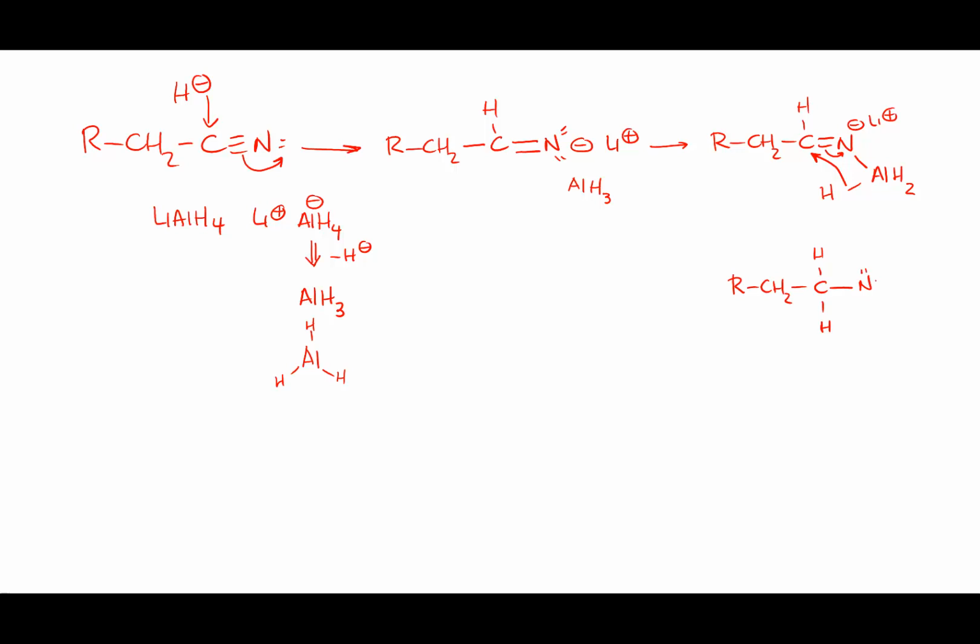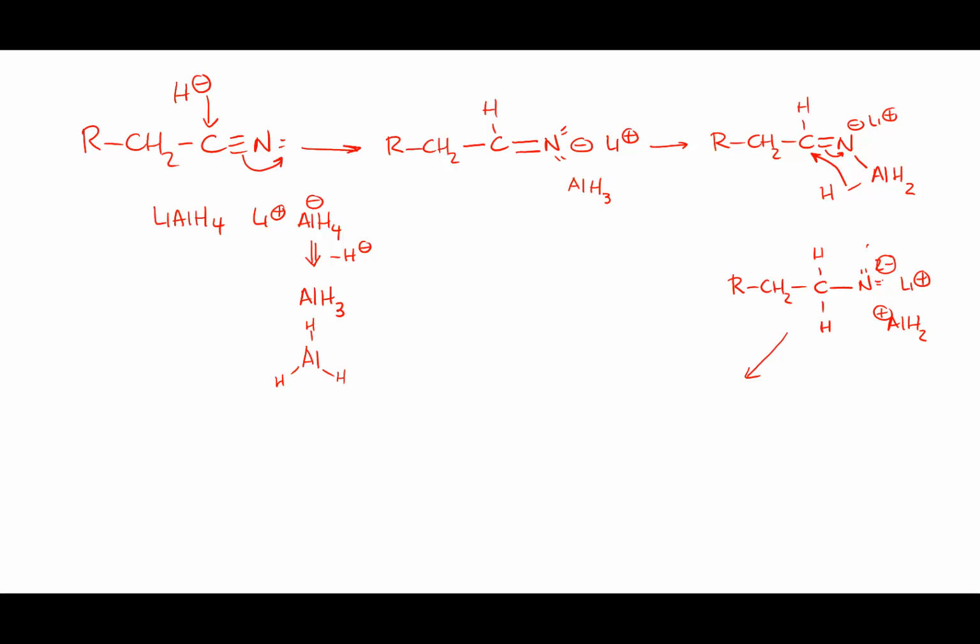So it's got now 2 lone pairs, and it's going to be a 2 minus charge. The lithium plus would be 1 counterion. The aluminum becomes AlH2 plus. So now there's 2 counterions for that nitrogen 2 minus. And what happens now is that N2 minus isn't really a stable species.